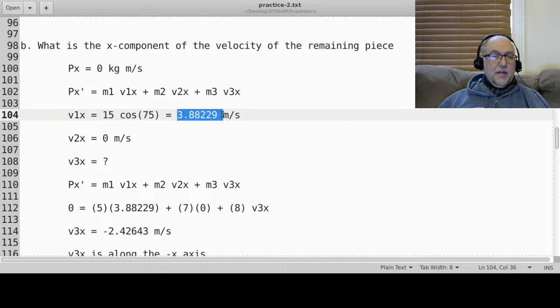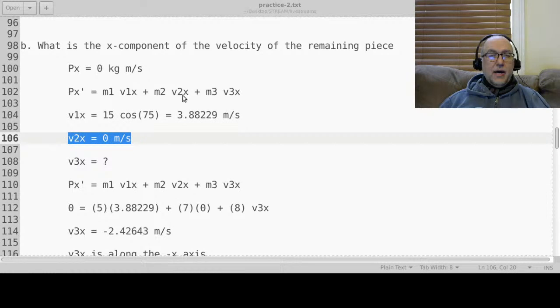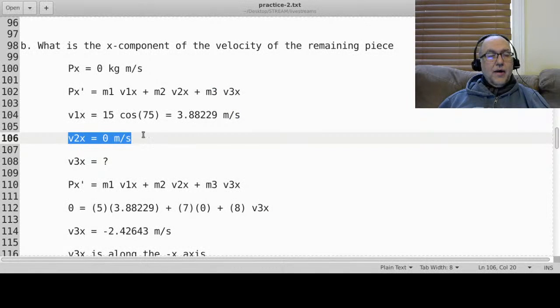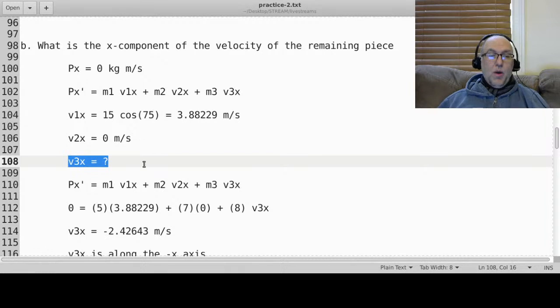And if you put that in your calculator, you're going to get that number there. Okay, the y component for v2 is still 0 because, go back again, the 7 kilogram is still traveling purely along negative y, and so there's no x component at all. Okay, so v2x is still 0, and v3x, that's what we want to find.